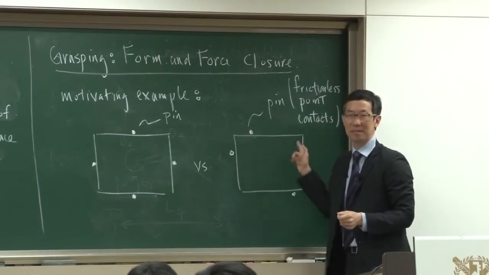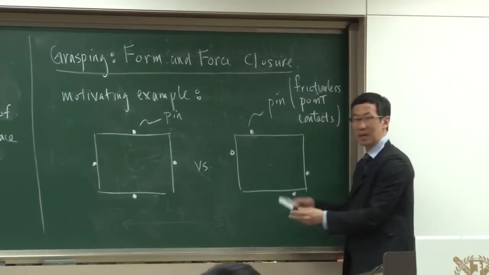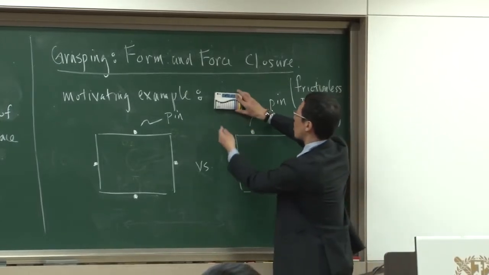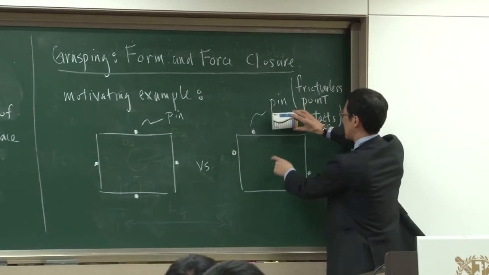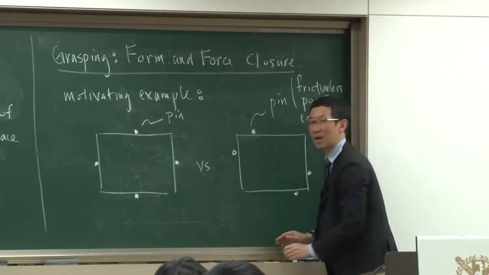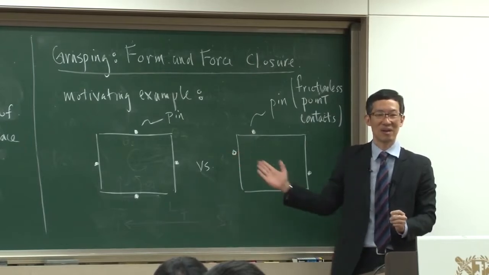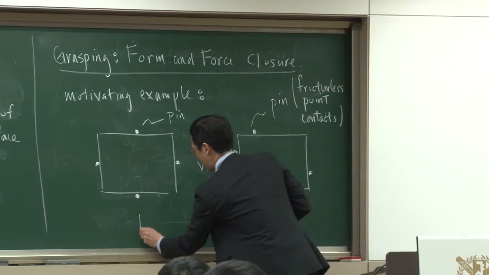So we have 4 of them. We have this like a picture frame that we just put on the wall. Put a pin here, here, here, here. Versus in this case, we put the pins at the corners. So what's better? Which is better?